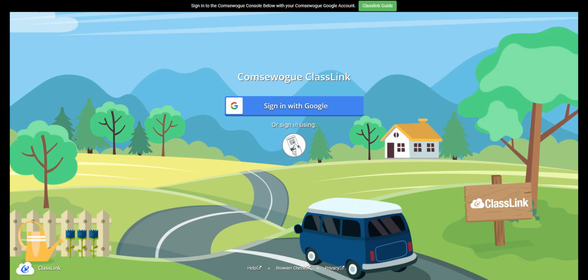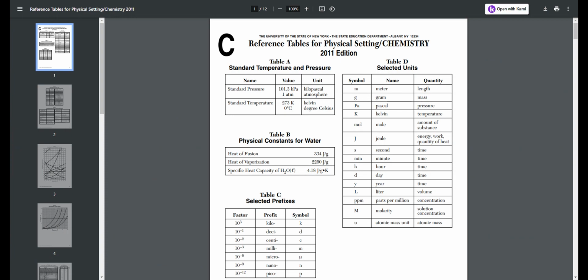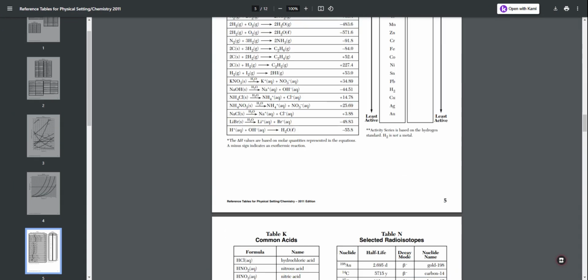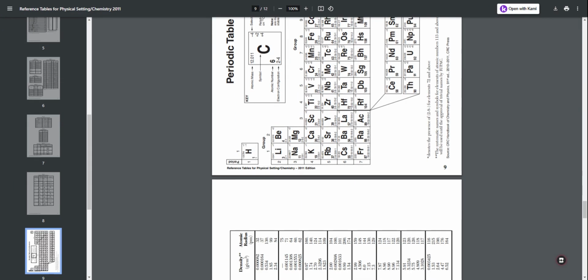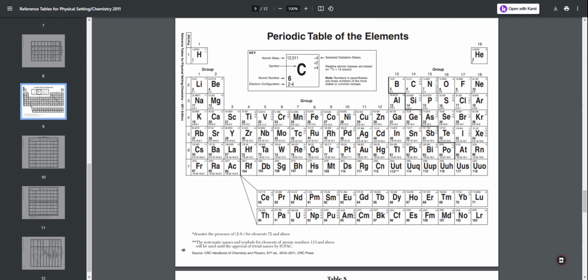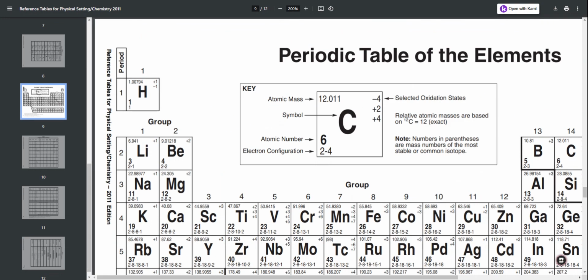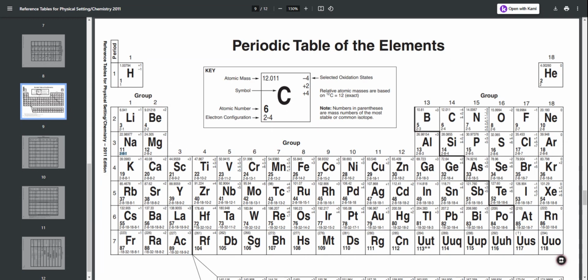When you look at the periodic table in your reference tables and you look at sodium, it says 2-8-1. If it matches, it's ground state. They are giving you the ground state electron configuration for every single element on the periodic table.